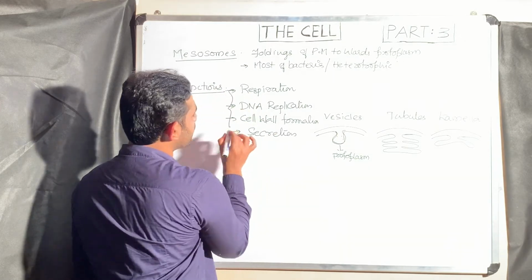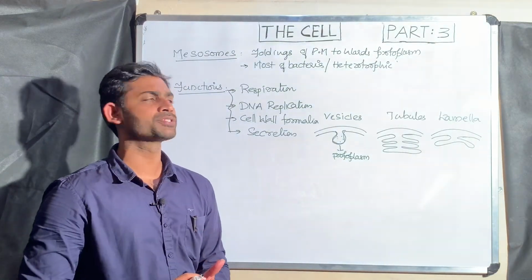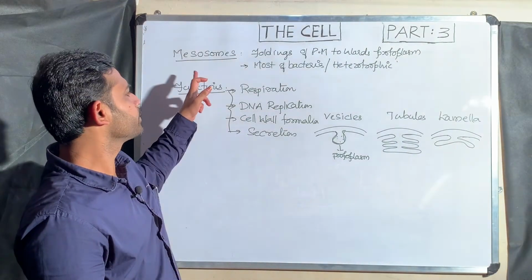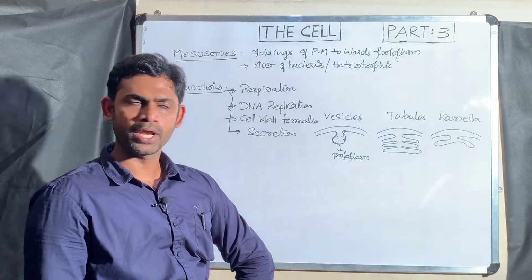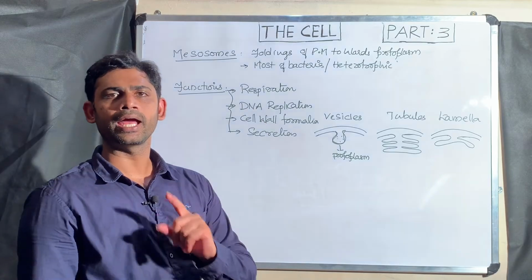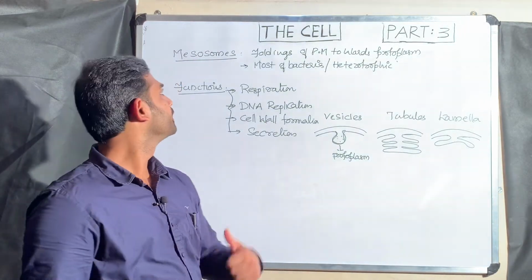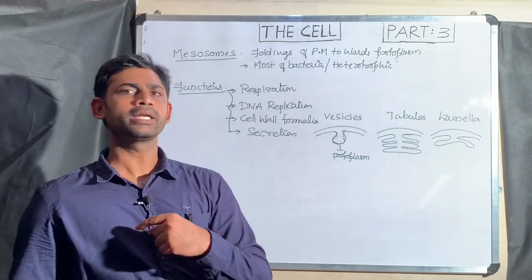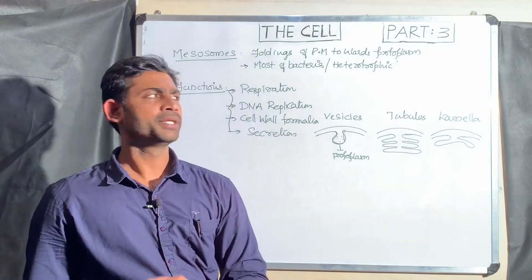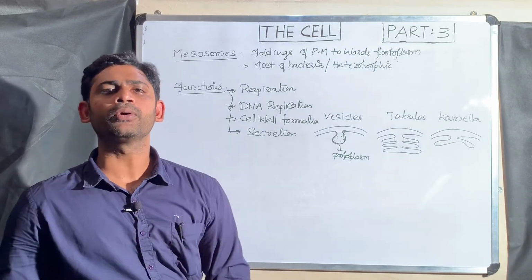That is why mesosomes are very important structures in the prokaryotic cell. These mesosomes are involved in respiration, DNA replication, cell wall formation and secretion. That is why I am concluding these mesosomes are very important in respiration. They are functional equivalents of mitochondria in prokaryotes.